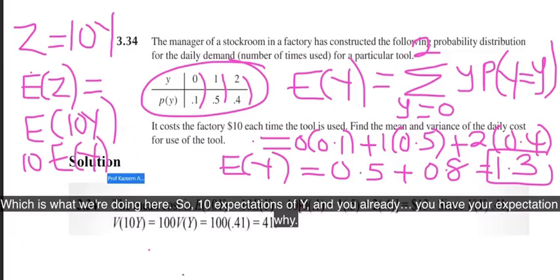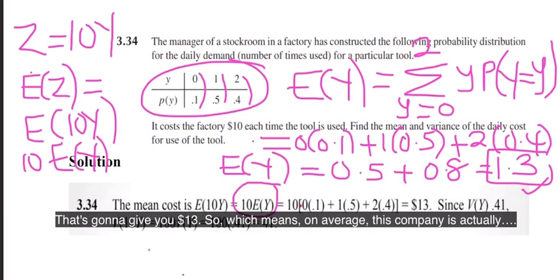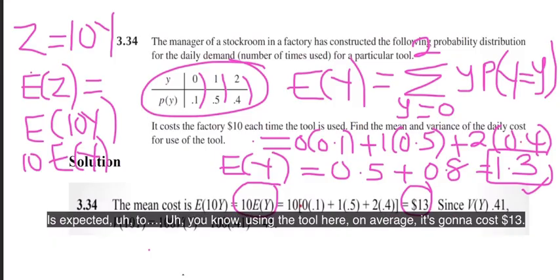So you just multiply 10 by 1.3, and that gives you $13. Which means on average, using the tool is going to cost the company $13.